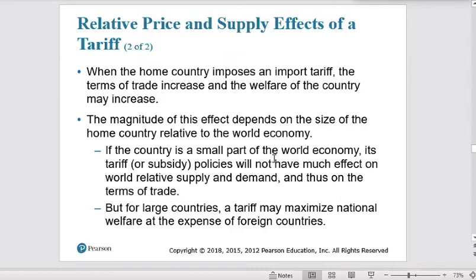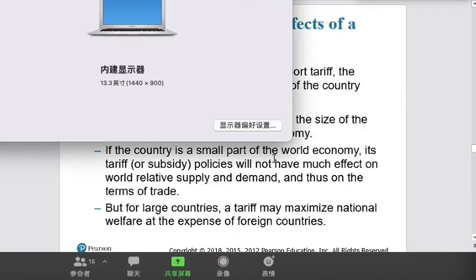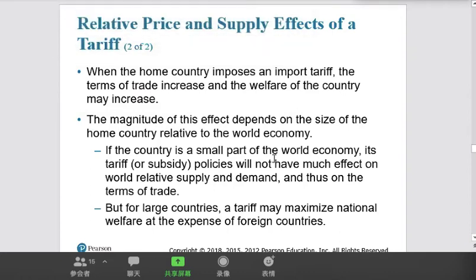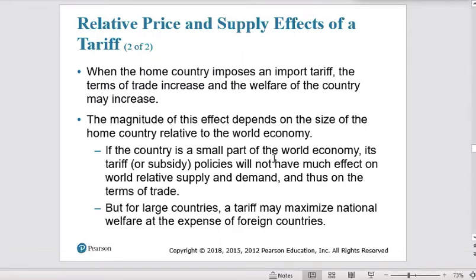If China imports banana and then imposes a tariff on banana, there will be fewer people buying banana because banana becomes more expensive in China. In China, less demand for banana. So think about the output of banana from the world, and then the Chinese people demand less banana, and China represents a huge proportion of banana consumption.